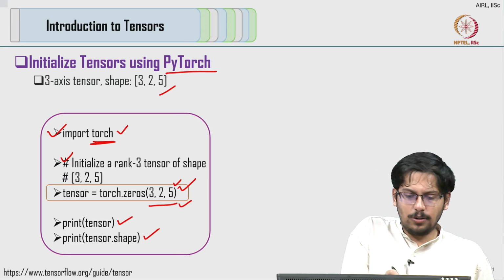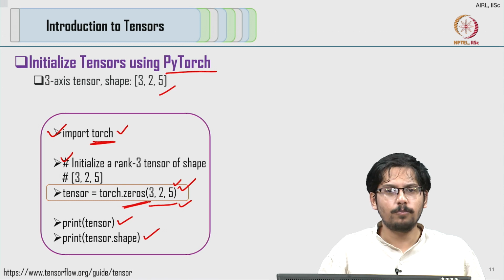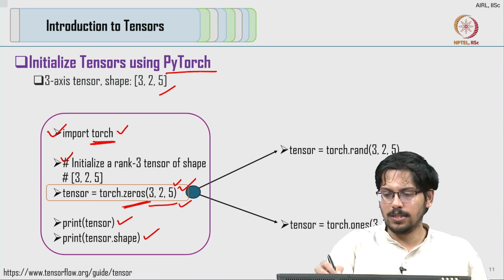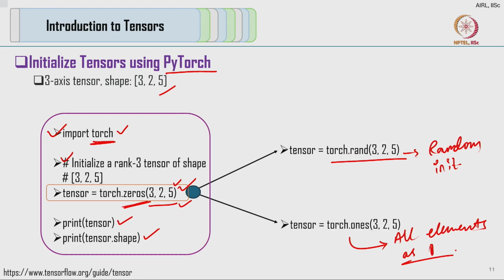Now let us say we do not want all the elements to be 0, then what we would do is we would essentially use torch.rand, which is essentially doing a random initialization, or we could do torch.ones, which is essentially defining all the elements as 1, right.